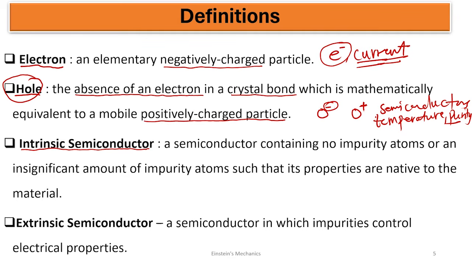But a semiconductor which has no impurity atom, or it has an insignificant amount of impurity, is called an intrinsic semiconductor. So if we have a semiconductor which is pure from its natural state, let's say it is positive, positive, positive by its natural state, we are not adding any impurity atom.